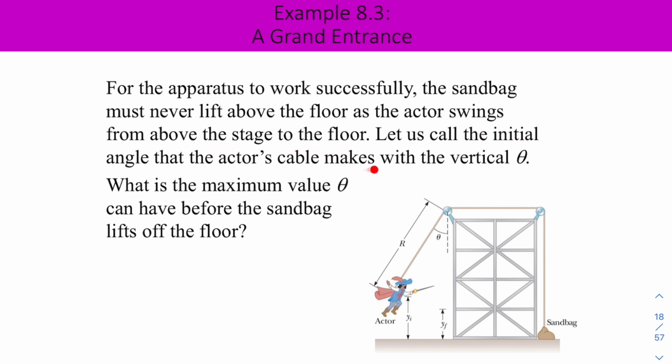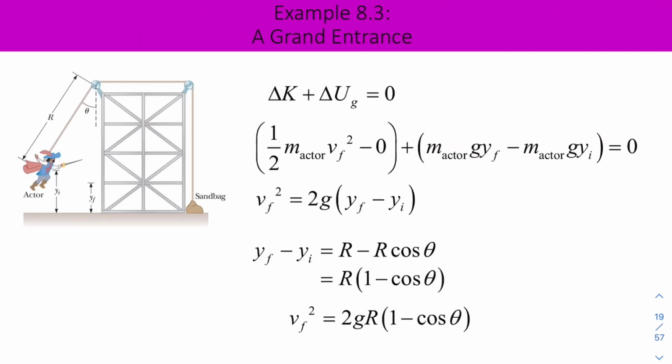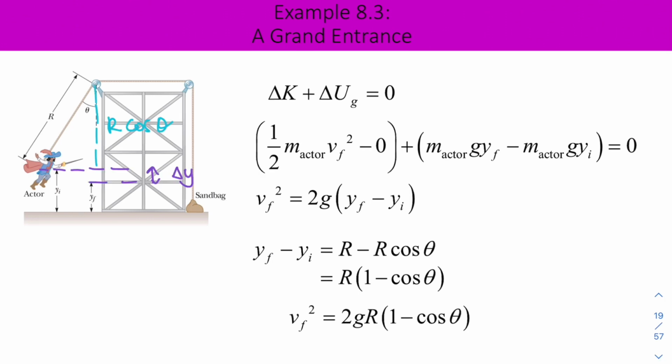Let us call the initial angle that the actor's cable makes with the vertical theta. What is the maximum value theta can have before the sandbag lifts off the floor? Now, what can we have here in terms of formula? It must be delta K of the actor plus delta U due to gravity equivalent to 0.